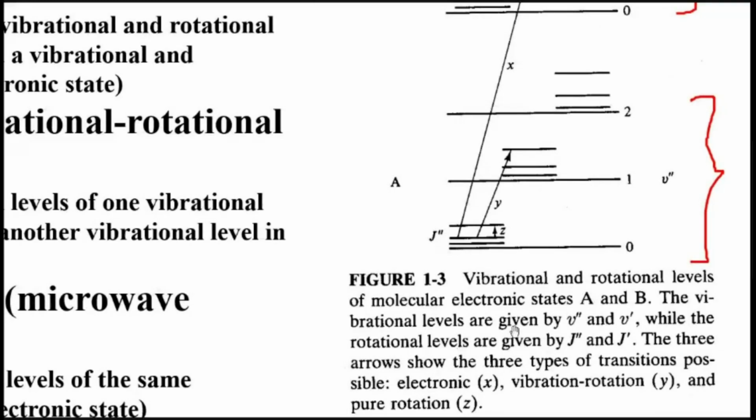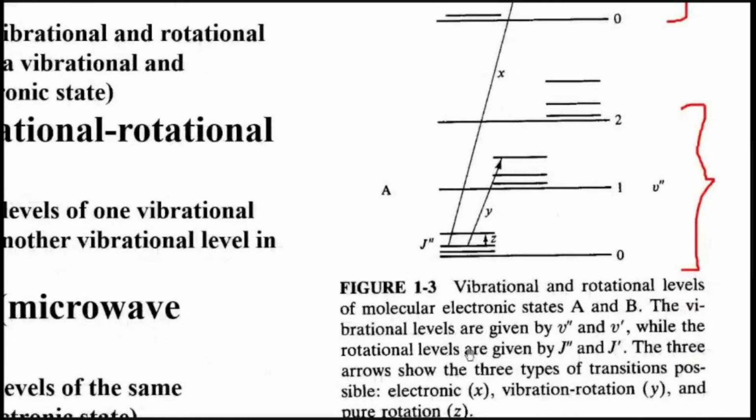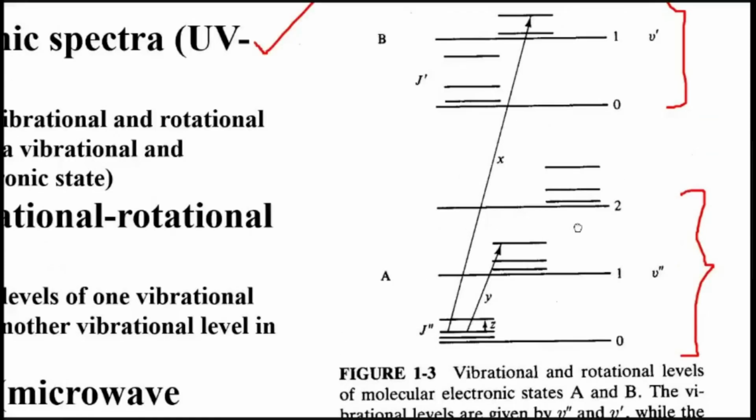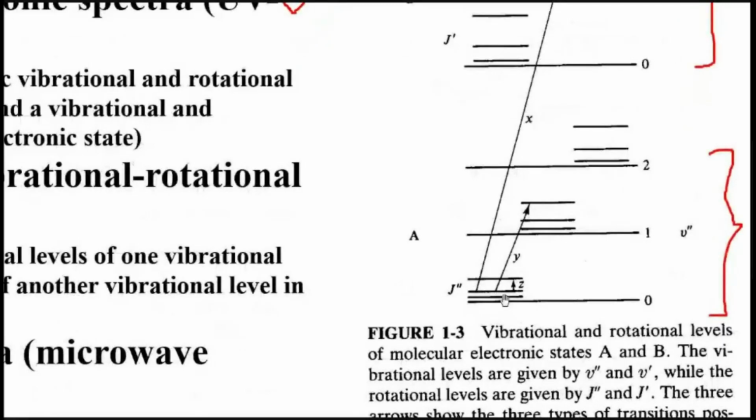The vibrational levels are given by V double dash and V dash. You can see that on the right hand side. The rotational levels are given by J double dash and J dash. So these are different rotational levels J dash, and these are different rotational levels at V double dash, indicated by J double dash.